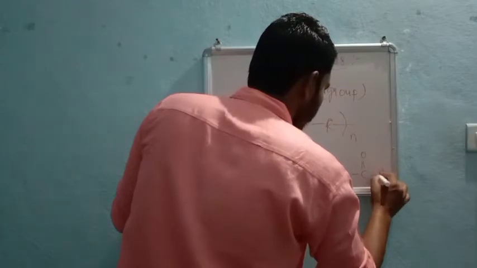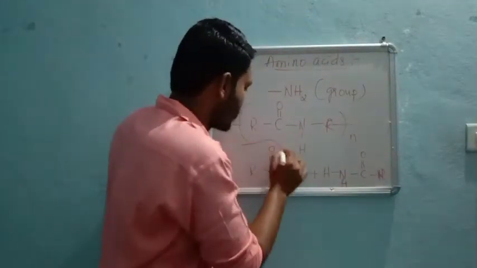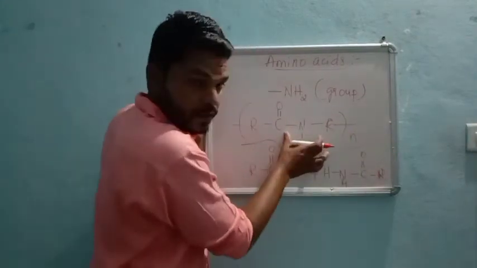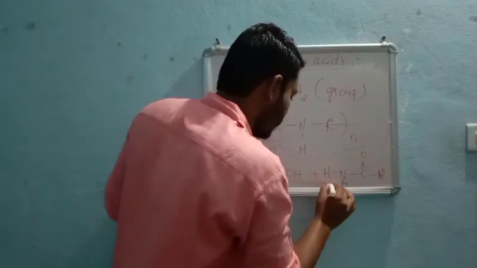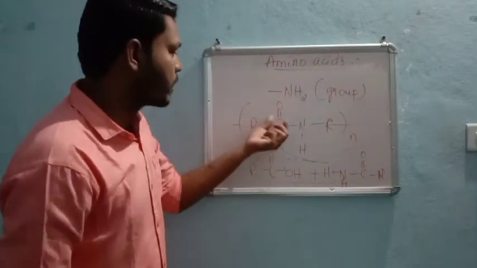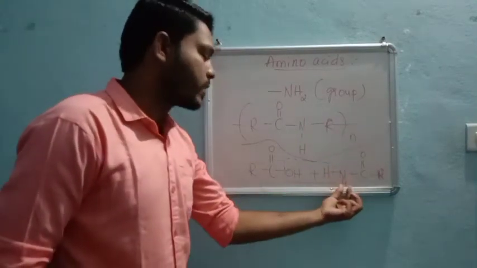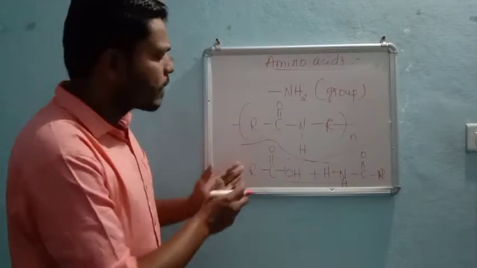Before formation of this peptide chain, or protein, there will be removal of water. What is left? C double bond O and one H and one N, right? Like this, every time they undergo it.